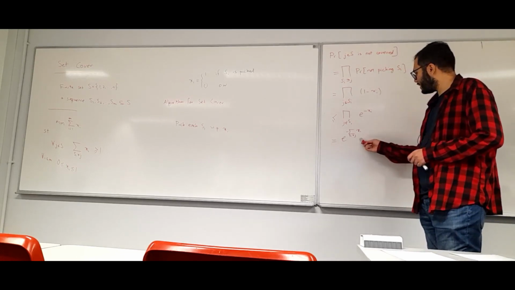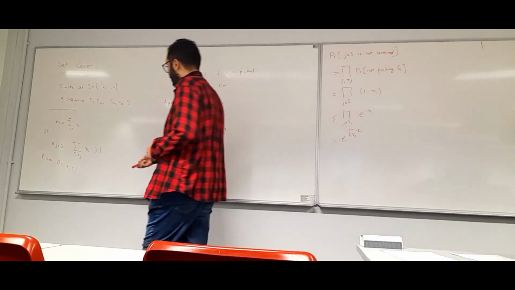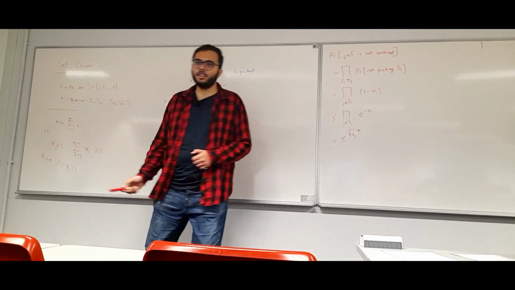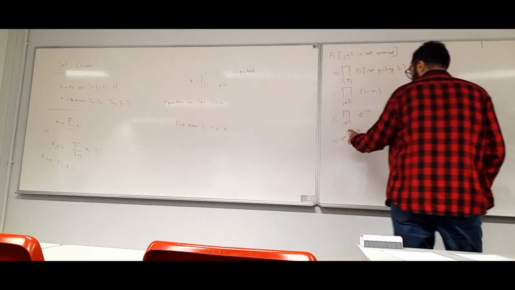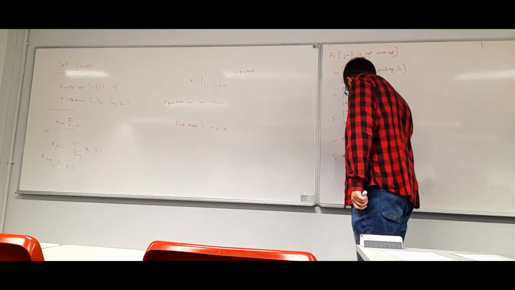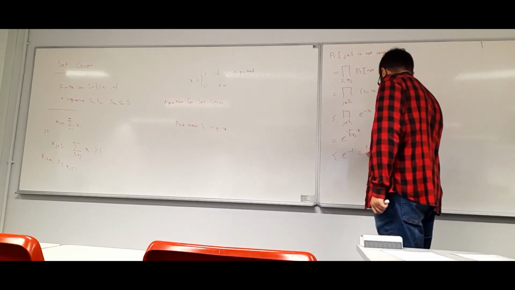Now, where have we seen this sum before? Yes, right here. So we know that this sum is greater than or equal to 1. So e to the power of minus this sum is at most e to the power of minus 1, which is 1 over e.